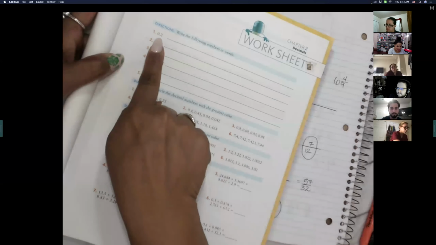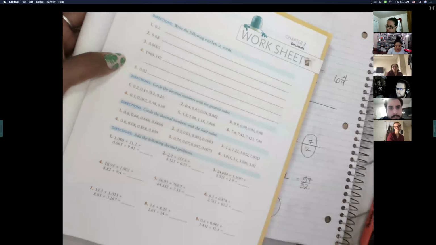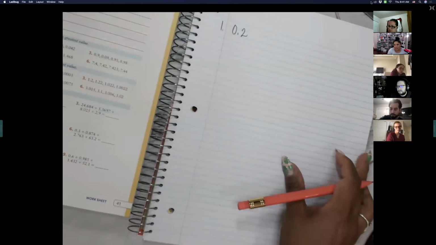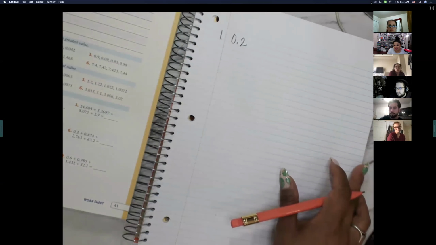Number 1, it's literally asking you to write this number in words. So the question is 0.2. So I'm not going to ask y'all to write this in words. Honestly, I have never heard of a student saying this was a question on the test, but let's go through it quickly. Write the following in numbers.